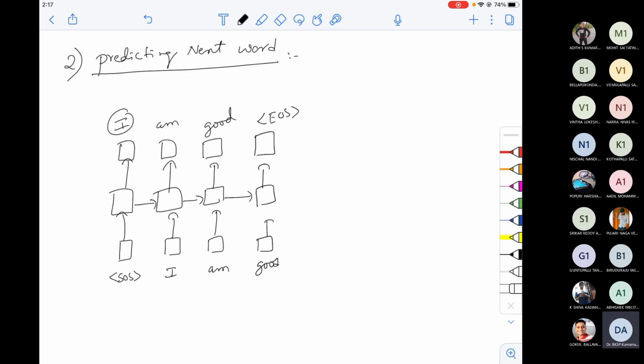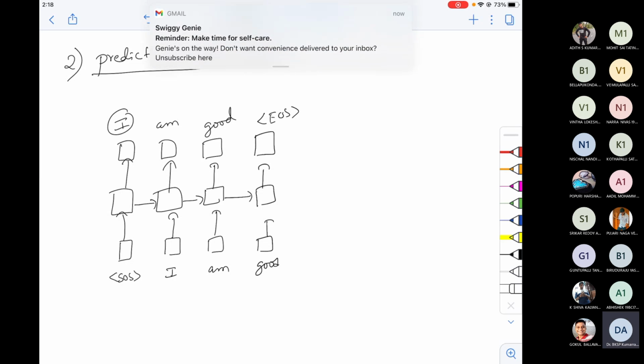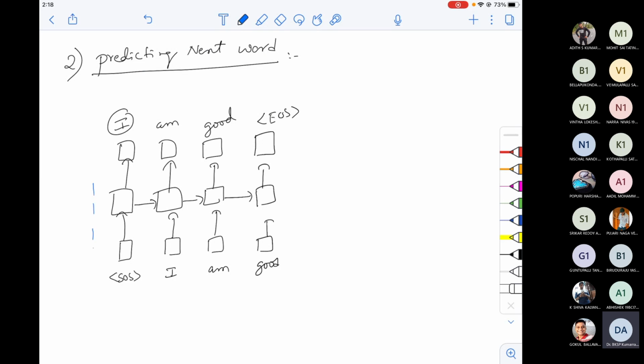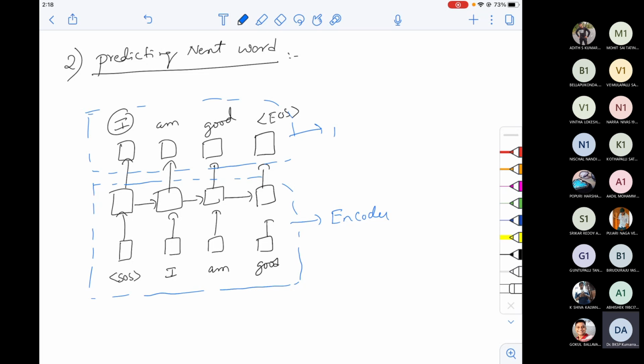It makes sense. Definitely it makes sense. But one thing you need to be very, very careful is where exactly the encoder and decoder lies. Obviously, the same logic applies here. If you take here, the bottom part of my architecture is encoder, and the upper part of my architecture is actually decoder.